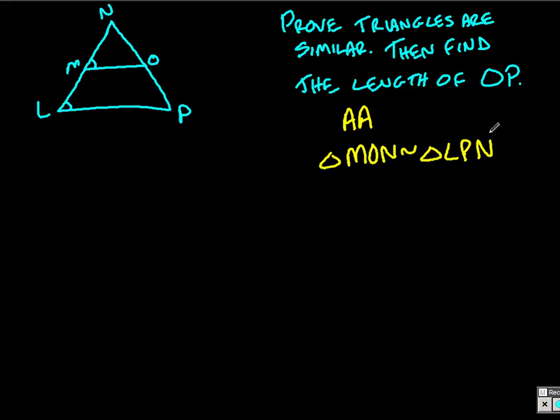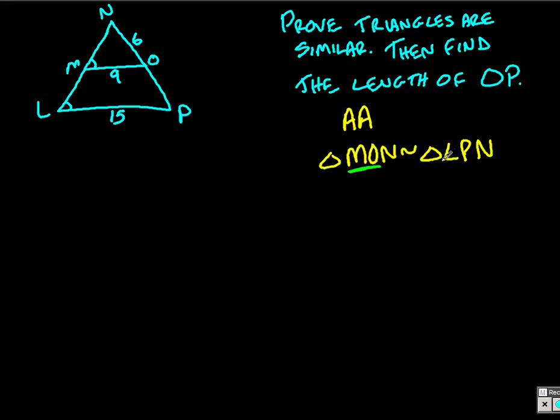Now, what we want to do is find the length of OP. I was given these side lengths here of 6, 9, and 15, and we need to try to figure out what the side here OP is. Well, let's look.